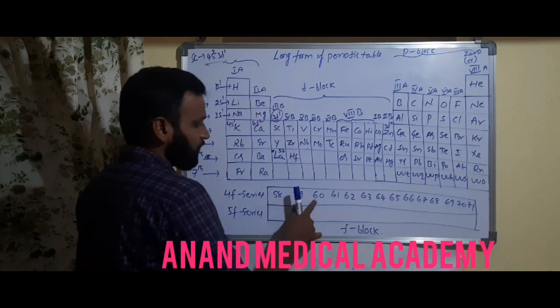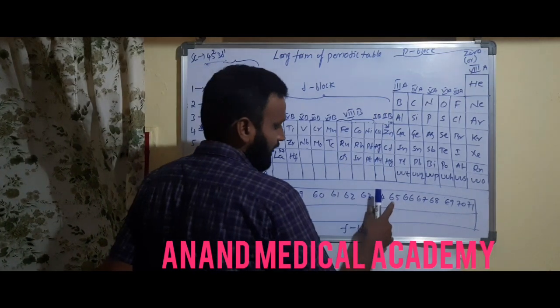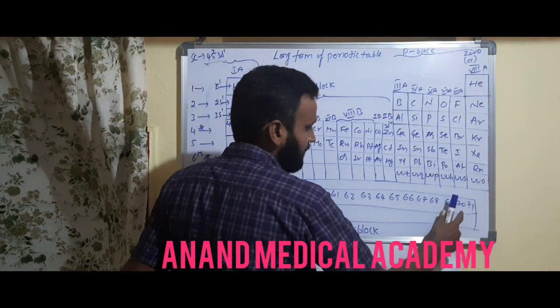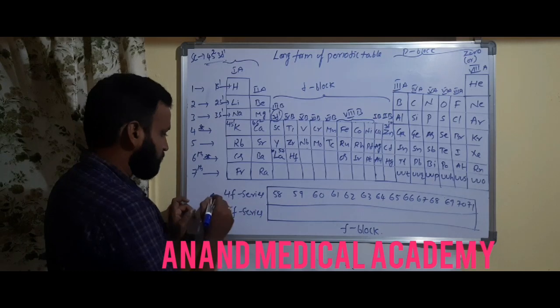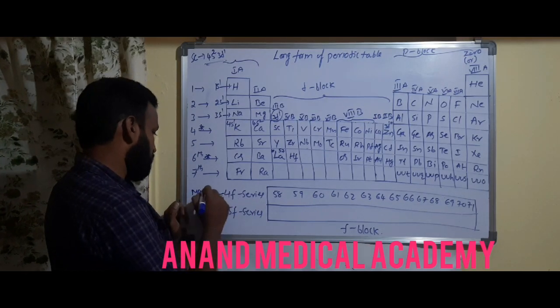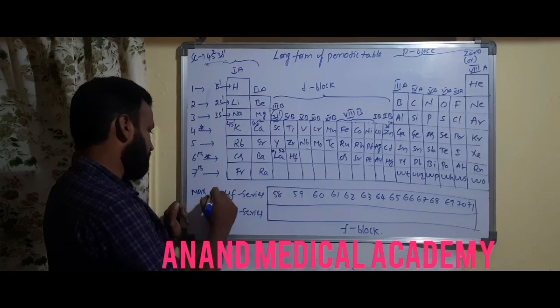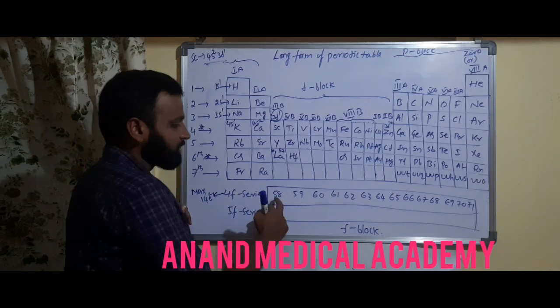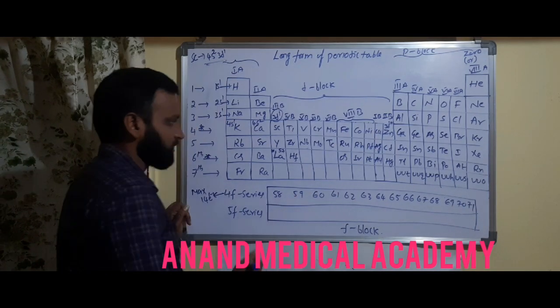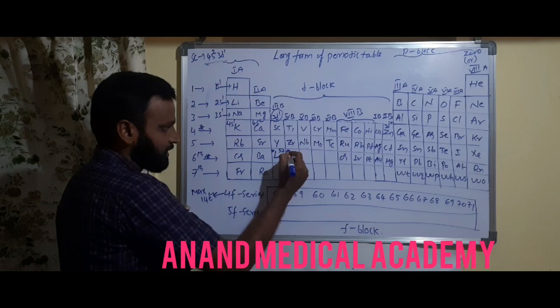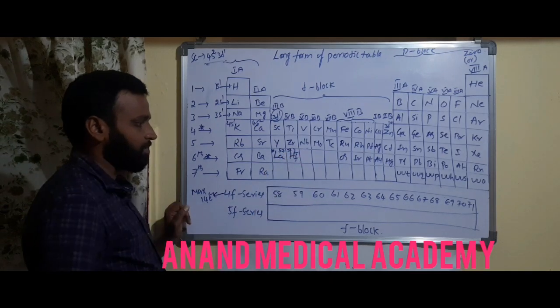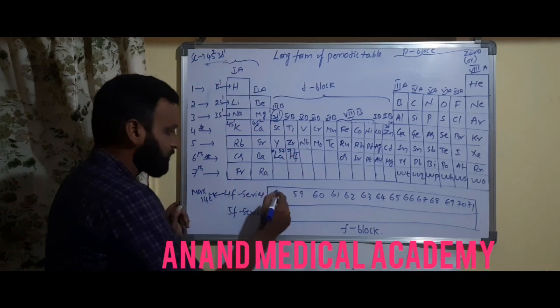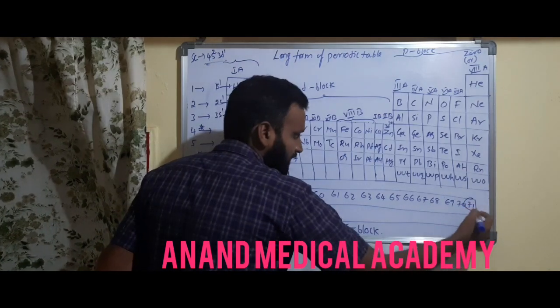How many elements? 1, 2, 3, 4, 5, 6, 7, 8, 9, 10, 11, 12, 13, 14 elements will come. Because in the 4f series, maximum electrons, how many? 14 electrons can be filled, right? So 14 elements can be placed in the 4f series. So it is 57 and this 72 is the atomic number, remember. So 4f series means from 58 to 71.